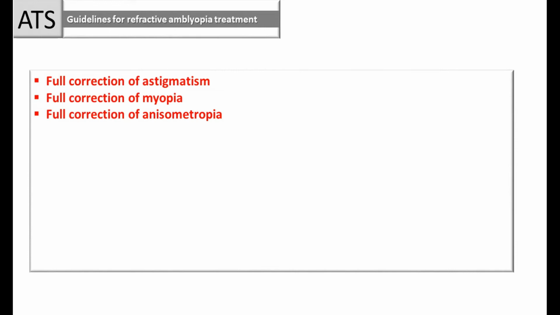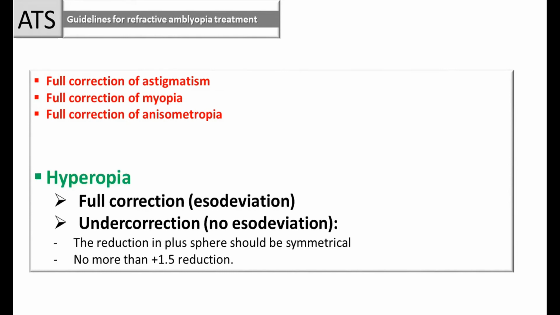So I use here one color code because you can add here, to be clear, full cycloplegic correction of astigmatism, full cycloplegic correction of myopia, full cycloplegic correction of anisometropia. All right. And the missing refractive error here is hyperopia. So hyperopia, if there is an isodeviation like esotropia or esophoria, we give again the full cycloplegic refraction. All right. But if there is no isodeviation, we give undercorrection.